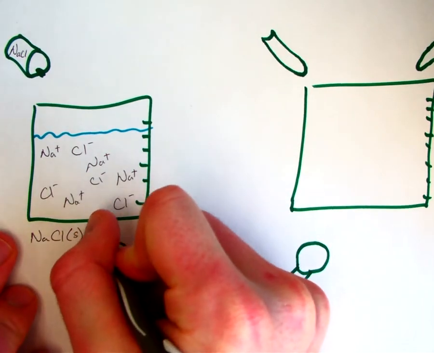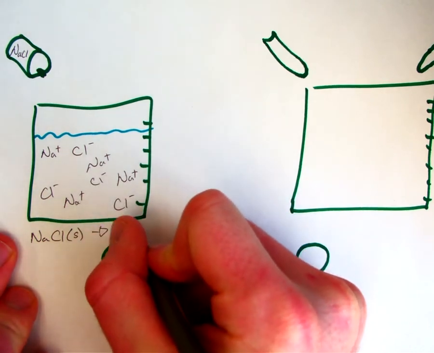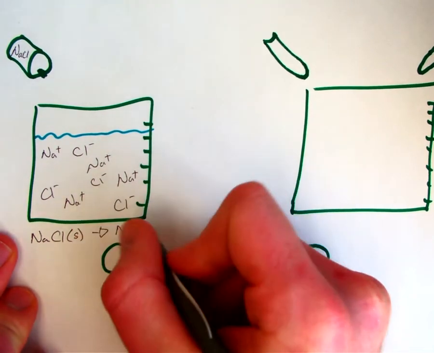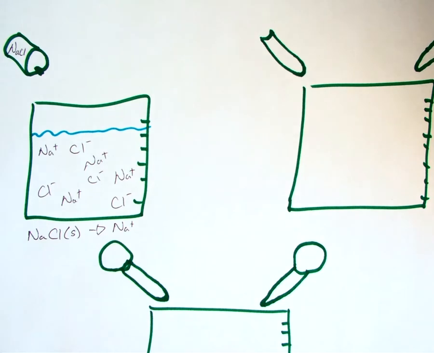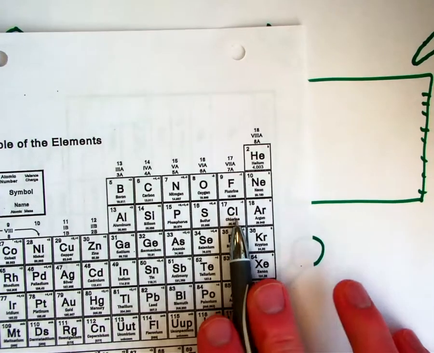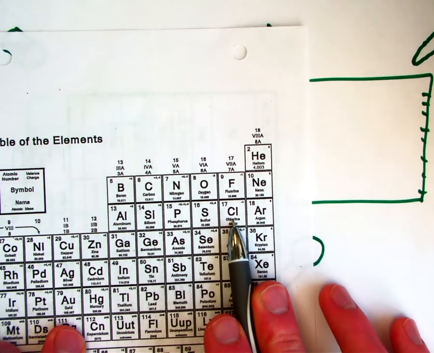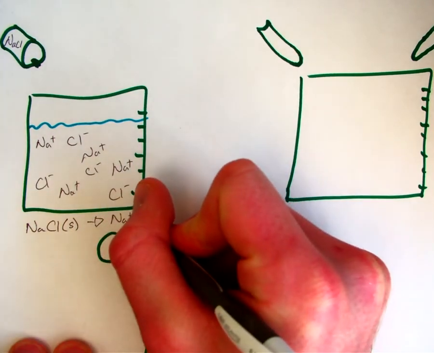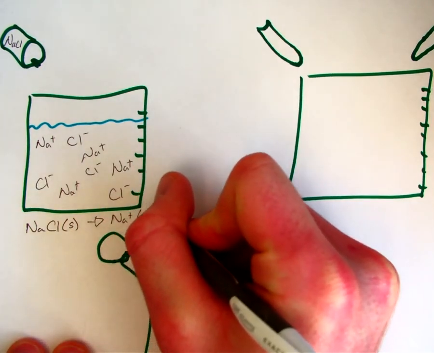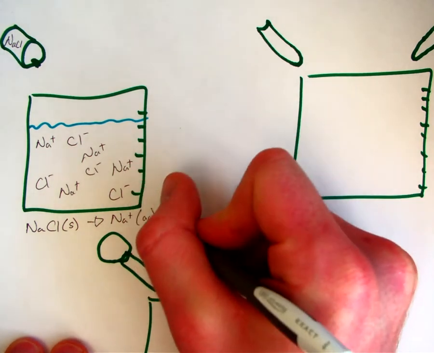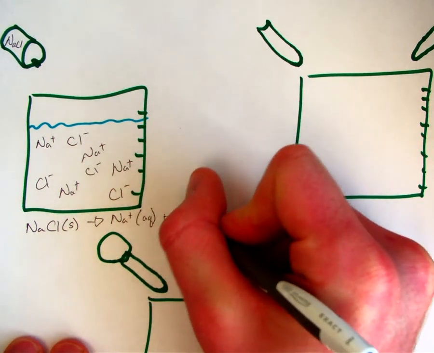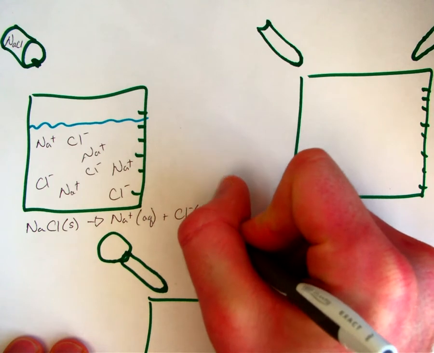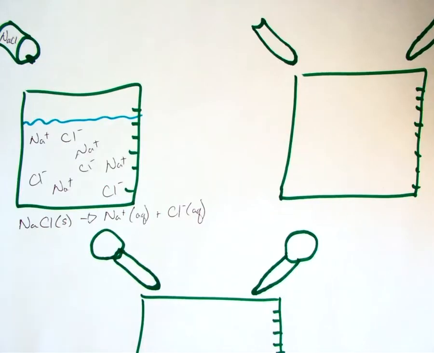And that is going to dissociate into an Na plus ion, because sodium is one of our group 1 metals, and then chlorine will dissociate into its 1 minus ion because it is one of our halogens. Na plus, and then we're going to add the AQ to indicate that it's now dissolved in water, plus Cl minus, which is also AQ or aqueous.